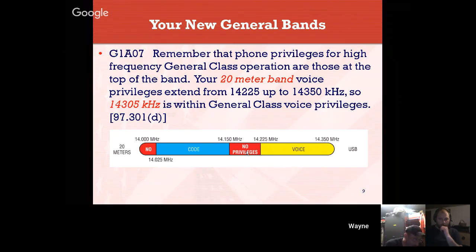Well, the short answer is that you do get more privileges, and it's also where the greatest DX happens to congregate. If you're a DX chaser and you're trying to get that worked all countries or DXCC award, work 100 countries, you're more likely to get those countries operating in those portions of the bands reserved for the extra class licensee.